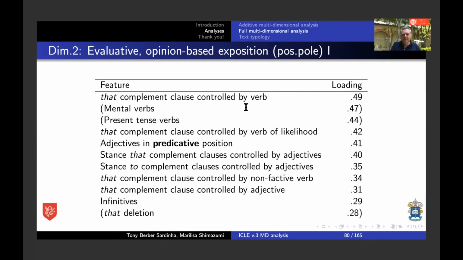So for dimension 2, we called it evaluative opinion-based exposition. So there's lots of appraisal going on, and these are supported by complement clauses, the stance clauses, lots of stance here, all right?